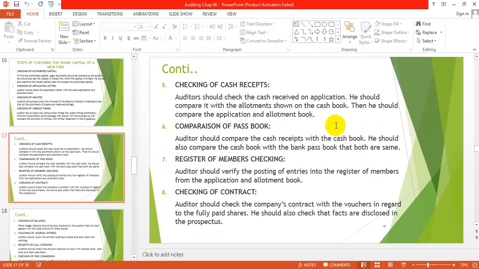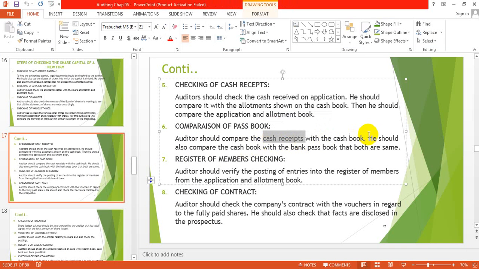Comparison of passbook. Auditor should compare the cash receipts with the cash book. He should also compare the cash book with the bank passbook, because when we receive cash, mostly it is received through the bank. We are comparing the cash book with the bank passbook.